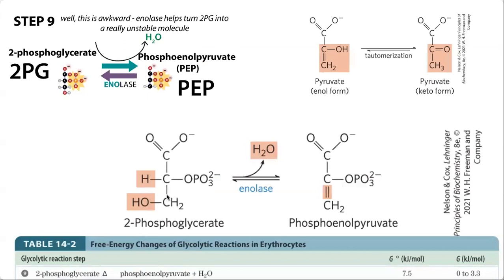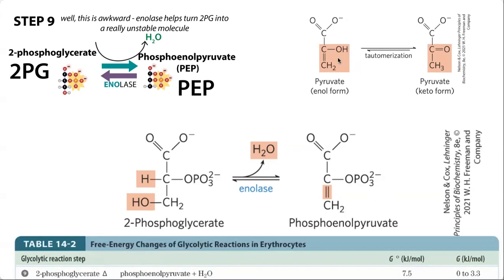Next step, now that we've moved things, this enzyme enolase can do an elimination reaction to remove water. When you remove water, now what you formed is this enol. Hopefully you remember back to your OChem where an enol was like an alkene, a double bond between 2 carbons next to an alcohol group.